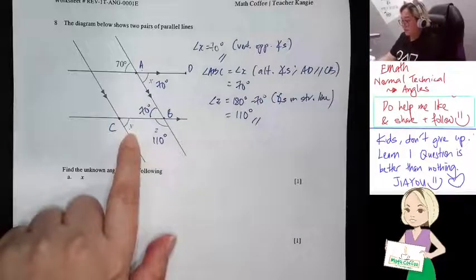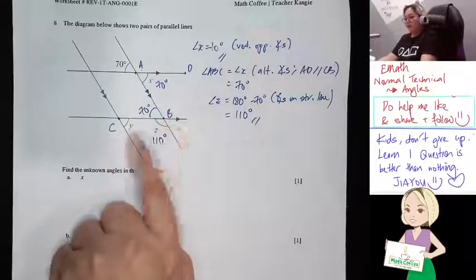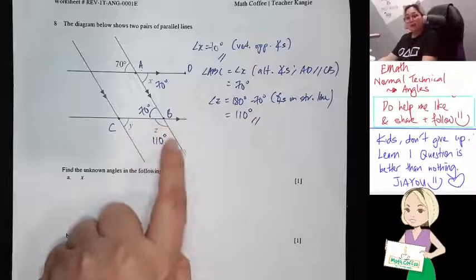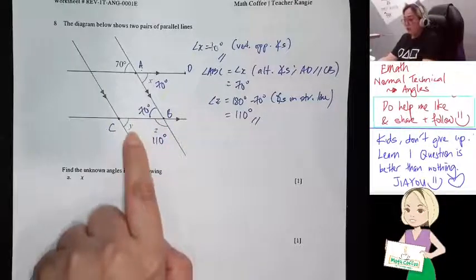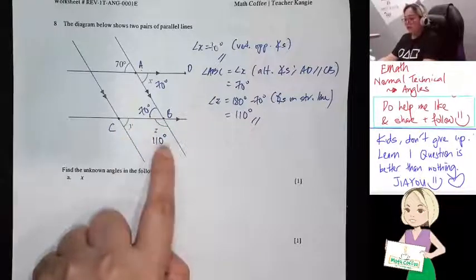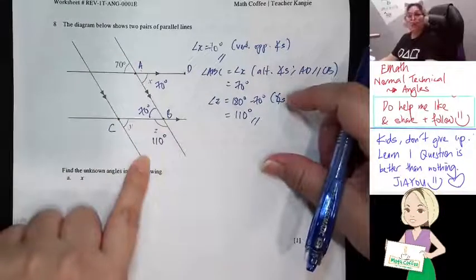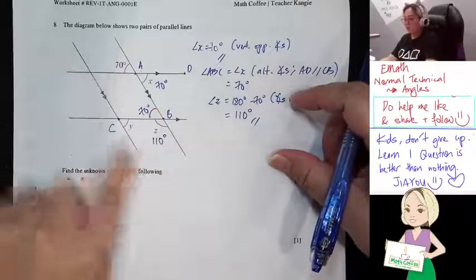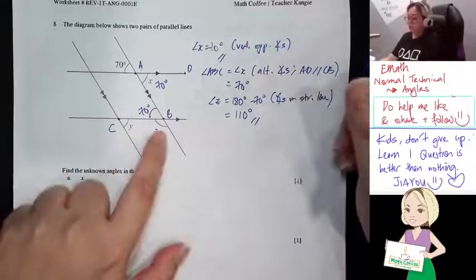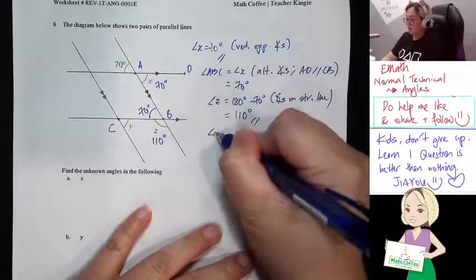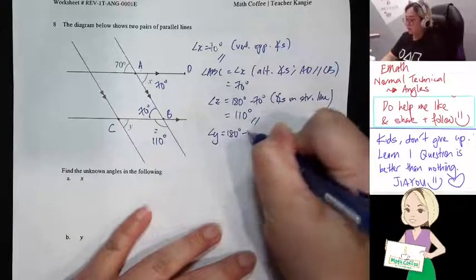Next, lastly, Y. So just now I taught you that interior angles add up together to be 180, right? So angle Y, you can say 180 minus 110 using interior angles. Or you want to use Z also can. So I'm going to use interior angles. So angle Y is actually 180 minus 110.